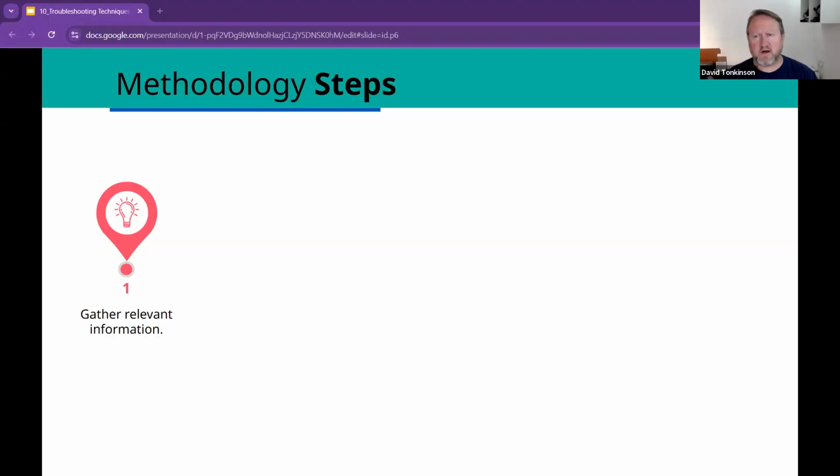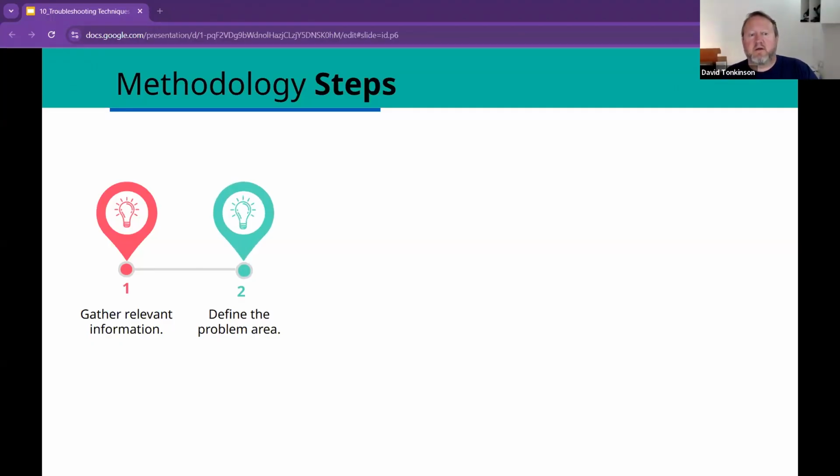You're kind of going, well, why do you care about the operating system? It's all about the browser. But they will ask you more questions, because the more information that you gather at the start, the less time you have to go and talk back to the customer to get other information. So if we get it all at the start, then we can work with that particular area and we can find the solutions. So we need to gather relevant information.